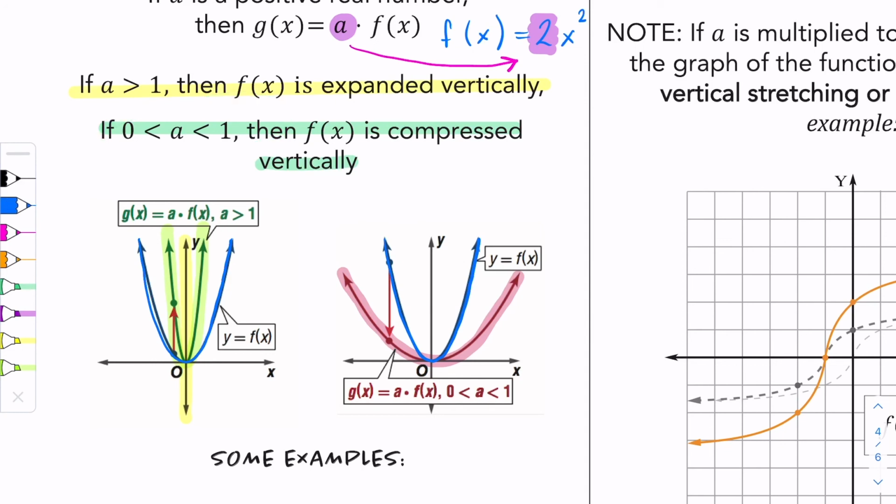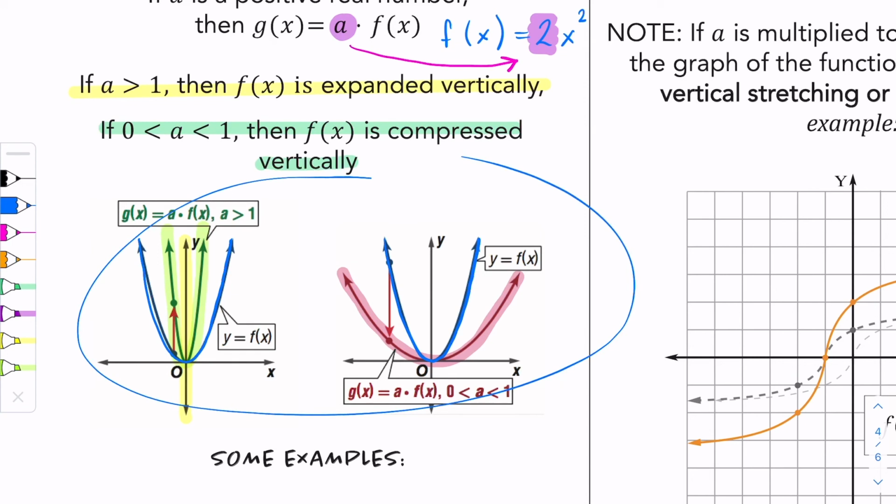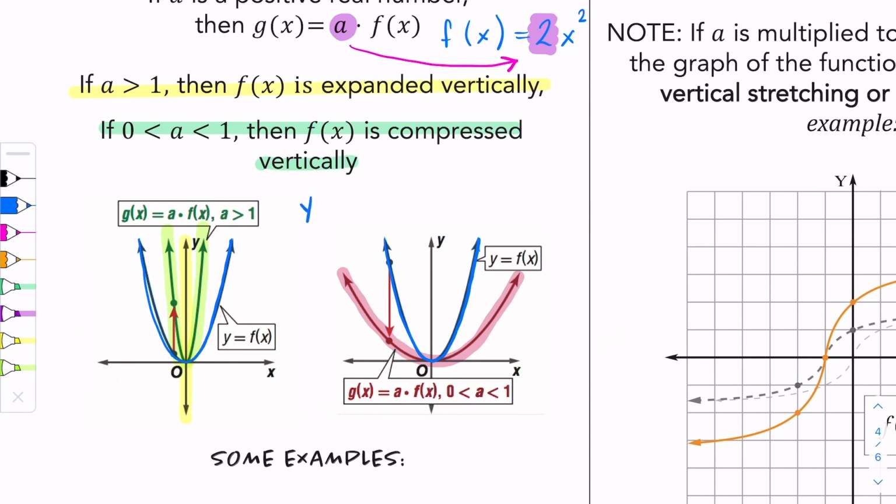If we look at these two examples, both of these examples have the parent function of x squared. For the first example, this one, a potential example could be something such as y equals 2 times x squared.